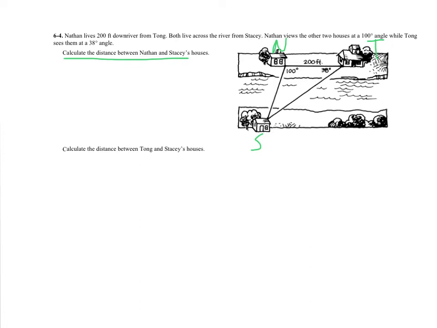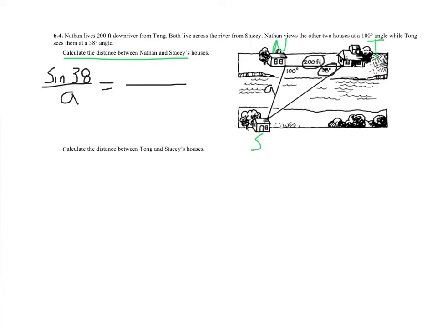So using our law of sines, I'm going to call this A. And the angle opposite A is 38. So the sine of 38 degrees over side A has to equal some other ratio that we know.